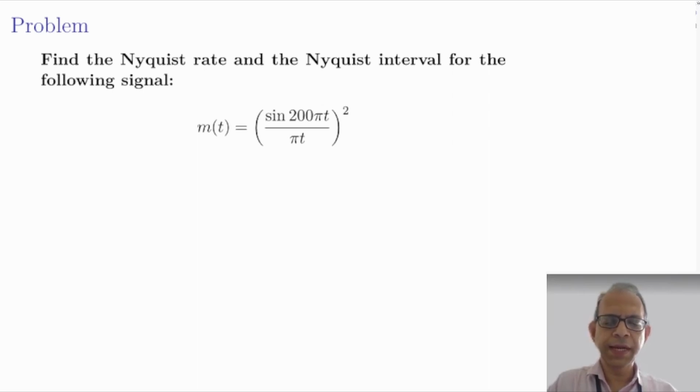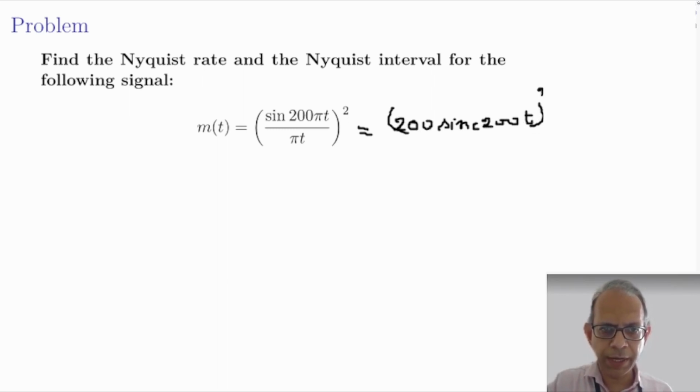where the signal is the square of the previous signal. It's sin 200 pi t by pi t, squared. Now here, as we saw in the previous problem, we can write this one as 200 sinc 200t, and this is the square of that.